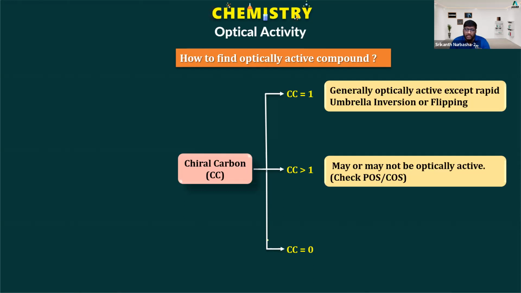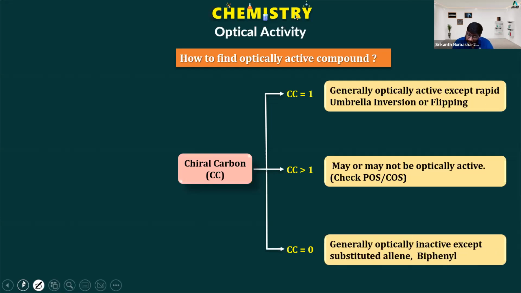Zero chiral carbon means what you have to do? If you have zero chiral carbon, I have given it in the first slide itself, today's first slide. Generally it is optically inactive, but there are some sets of molecules like alkenes, biphenyls, alkylidenes where optical activity can be present.